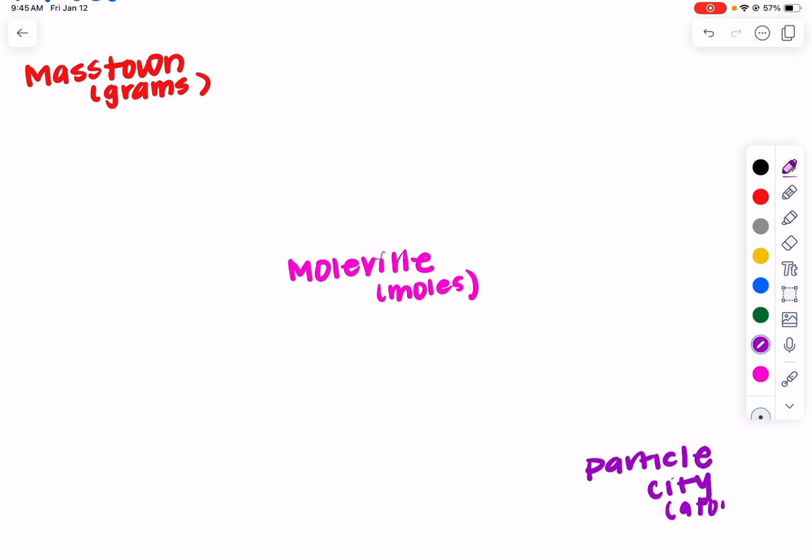This little infographic's gonna tell you how to convert and how to do this kind of intuitively. It should become very natural at the end. But let's say that we want to go from moles to mass. So we're going from Moleville to Masstown.